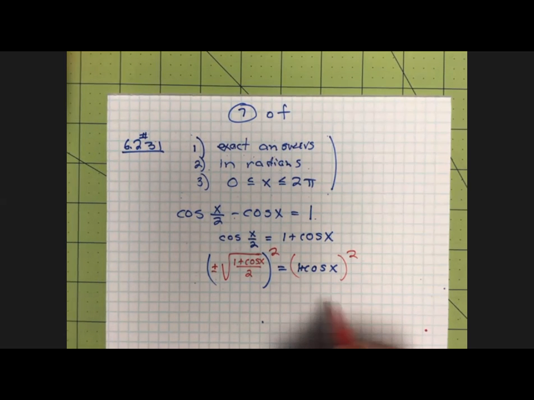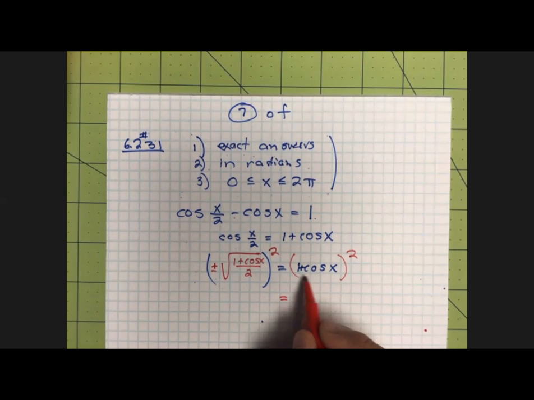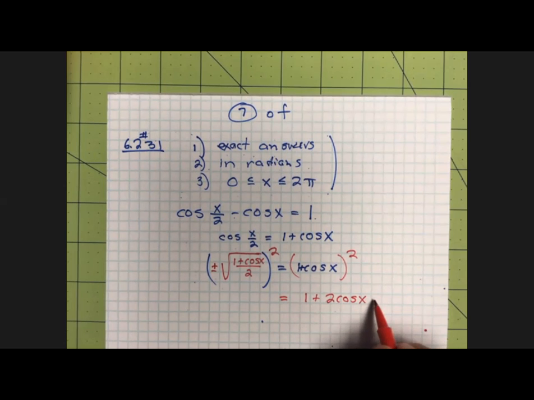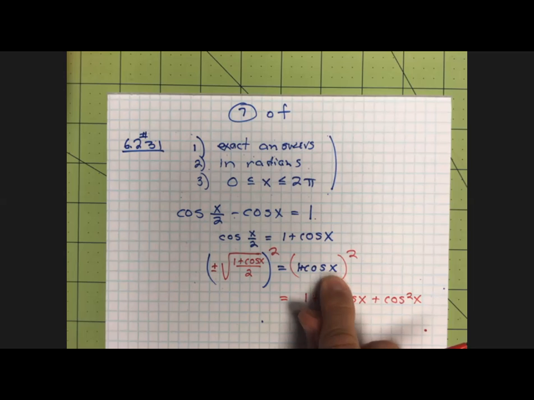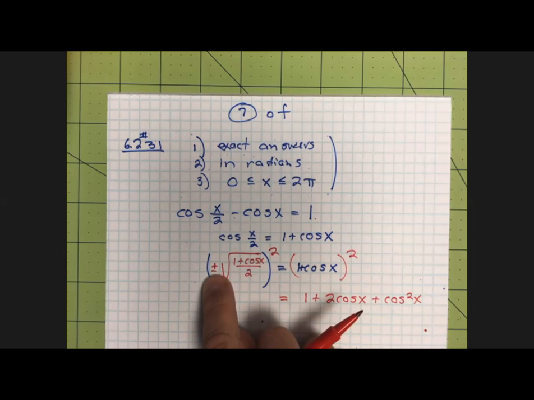That means I have to square both sides honestly. That means you FOIL out this side: 1 plus 2 cosine x plus cosine squared x. So you have to remember how to FOIL. Over here, squaring the plus or minus is kind of irrelevant. It's going to be plus either way.